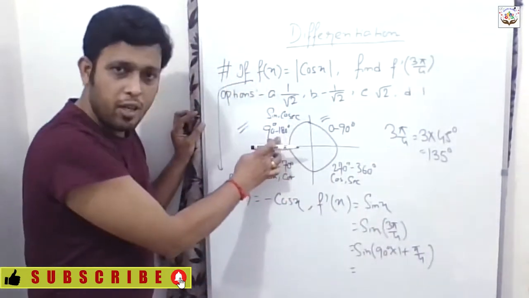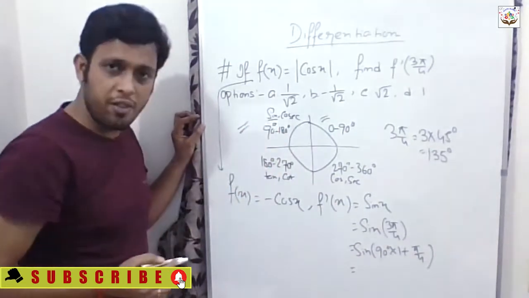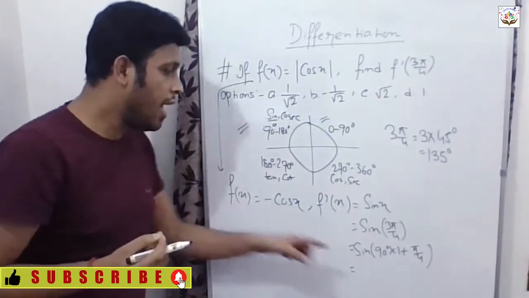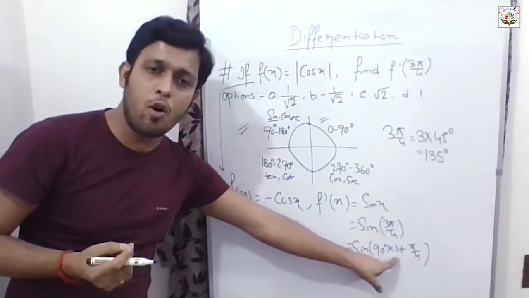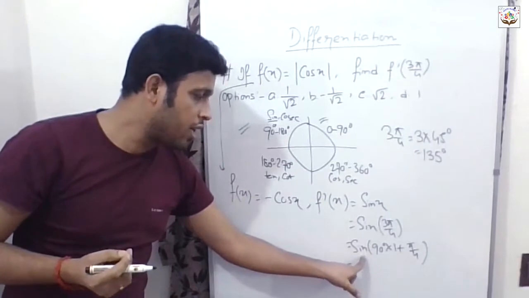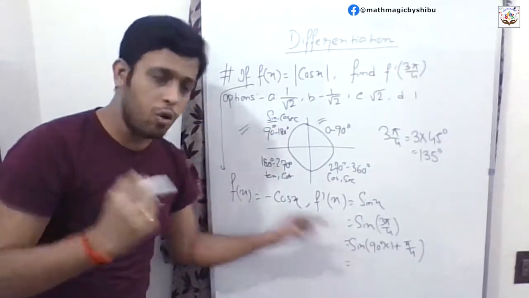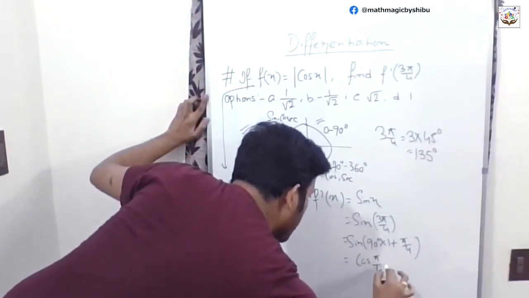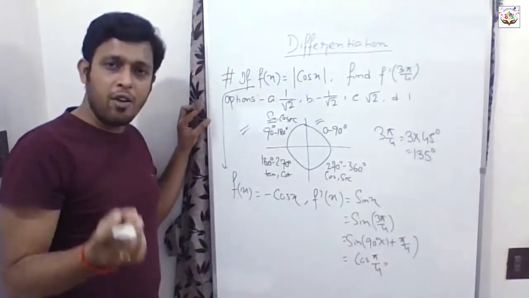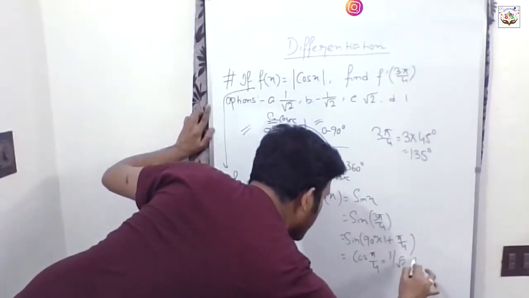That means the angle is in the second quadrant, 135 degree, and in the second quadrant sine is positive, right? Sine is positive, but as 90 got multiplied by an odd number, we have to write the complementary function of sine. That means we need to write cos. So we need to write cos of pi by 4, which is 1 by root 2.